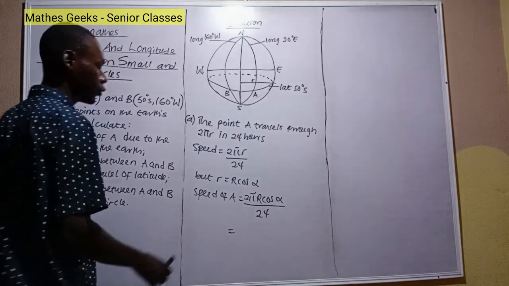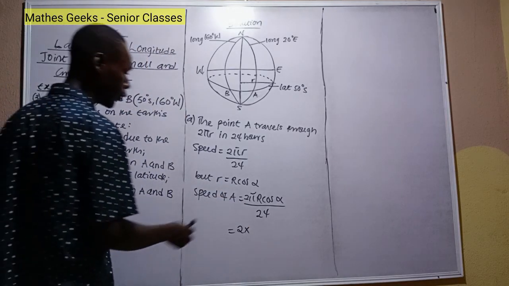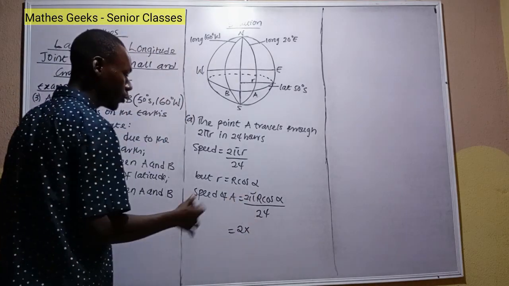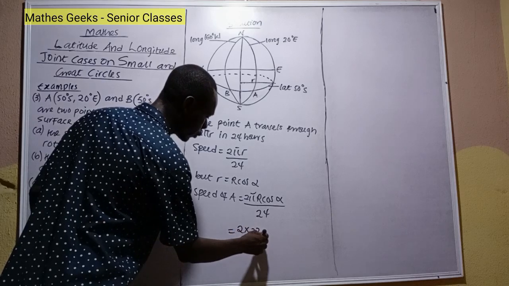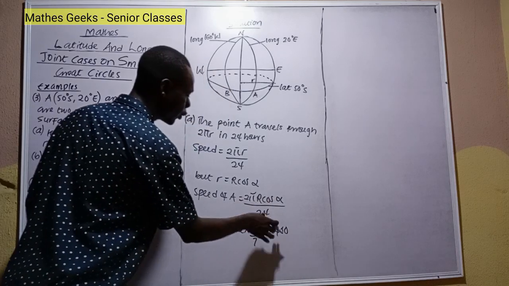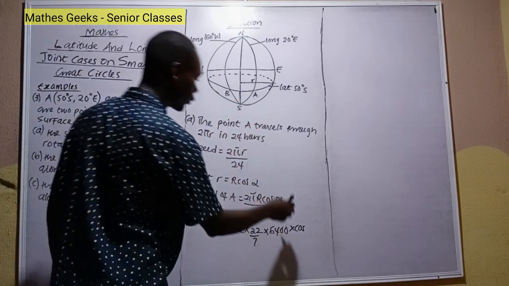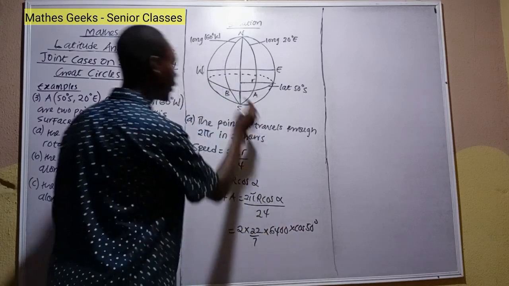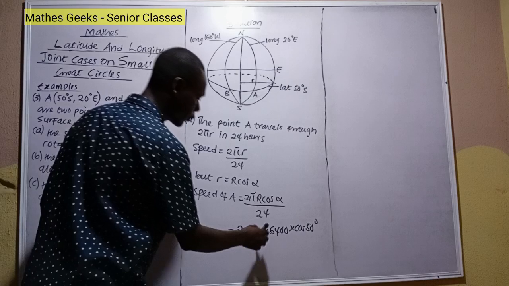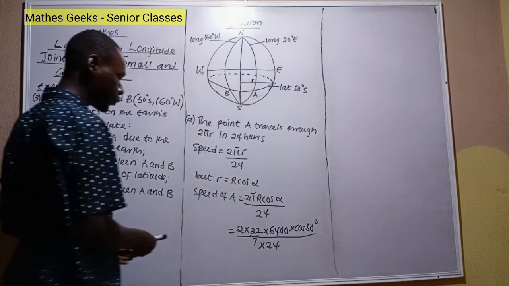This is equal to 2. Now, whenever the value of pi is not given in the question, you can use the usual value for it, which is 22 over 7, times 6,400, the radius of the Earth, times cos 50 degrees, because point A is lying on latitude 50 degrees south. Everything here will be over 7 times 24.